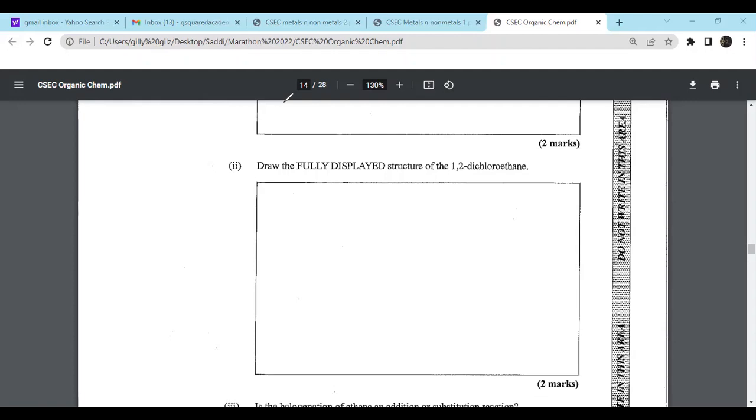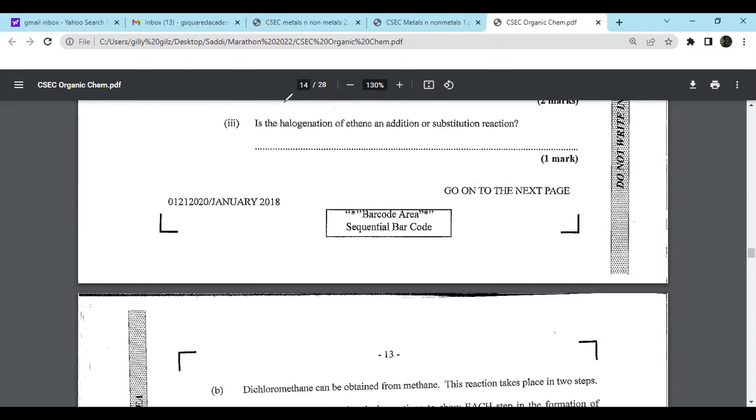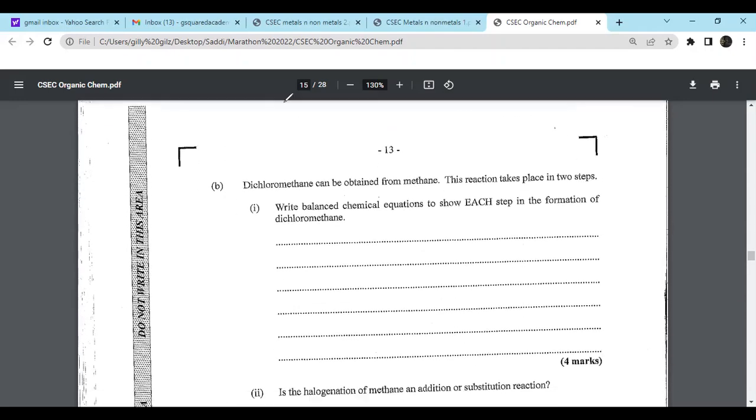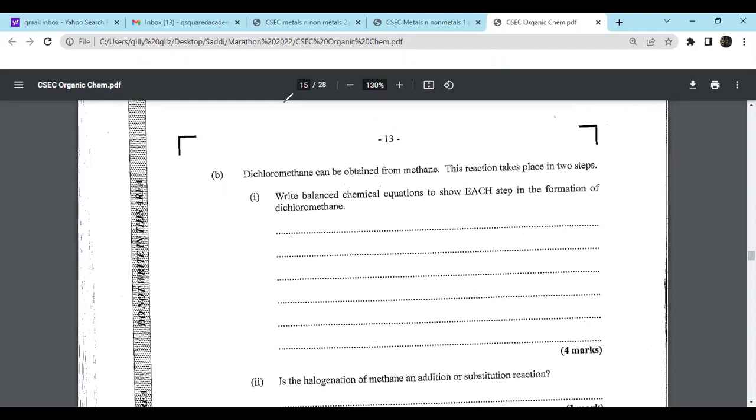Okay, so we proceed again. Dichloromethane can be obtained from methane, right? This reaction takes place in 2 steps. Write balanced chemical equations to show each step in the formation of dichloromethane.